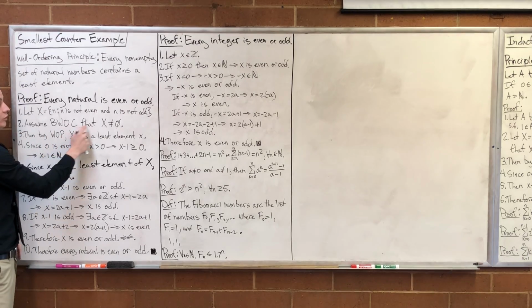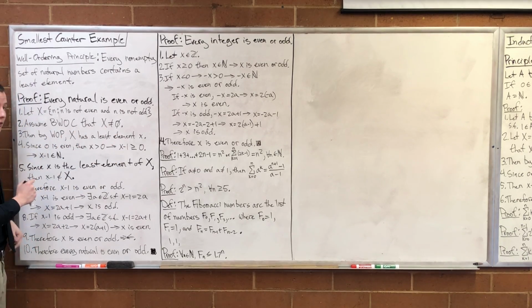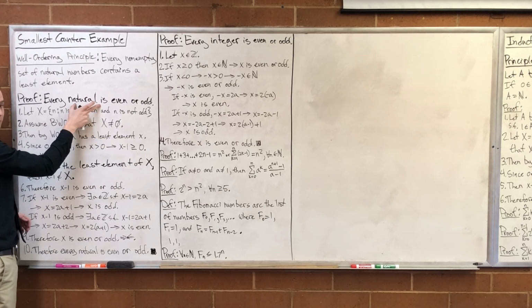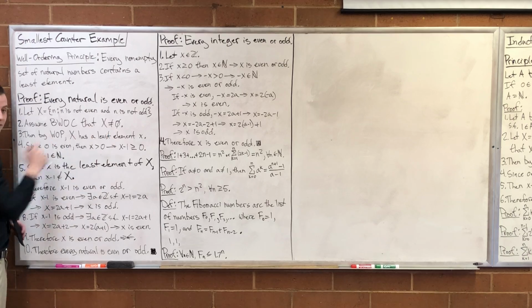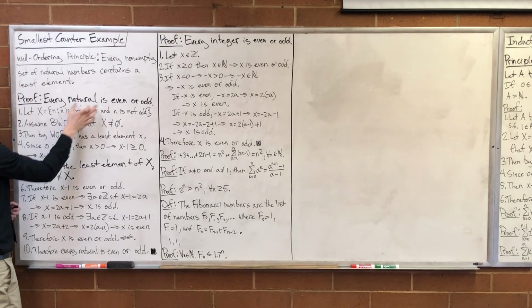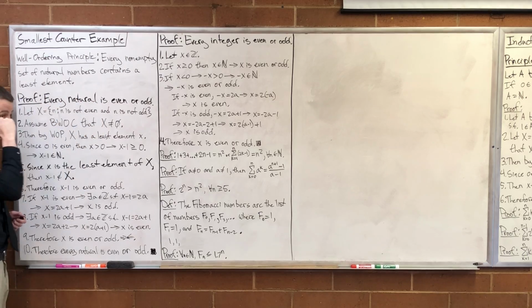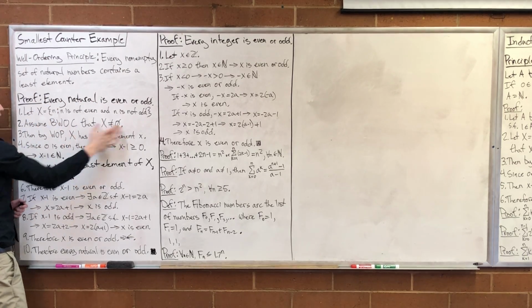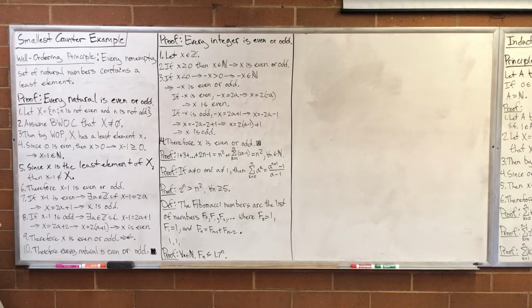Assume by way of contradiction that x is not empty. You with me? You understand how we're doing an assume by way of contradiction of this statement up here using this set x? So x is a set of all things that make this false. We know that nothing makes this false, so x should be empty. We're going to assume by way of contradiction that x is not empty. Well, notice, by the way x is defined, it's a subset of natural numbers.